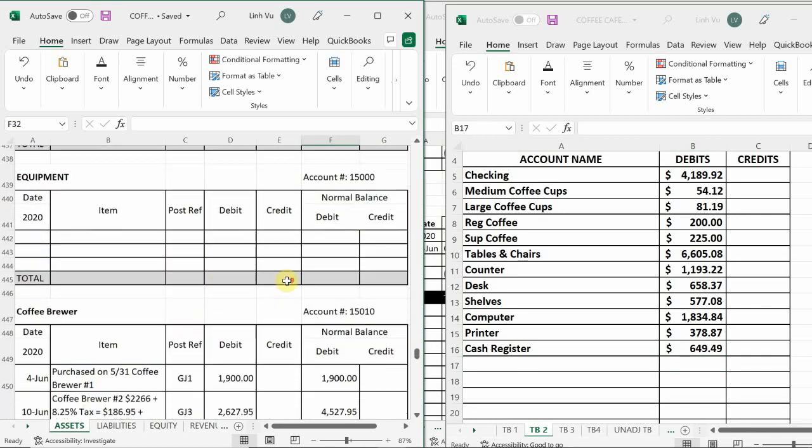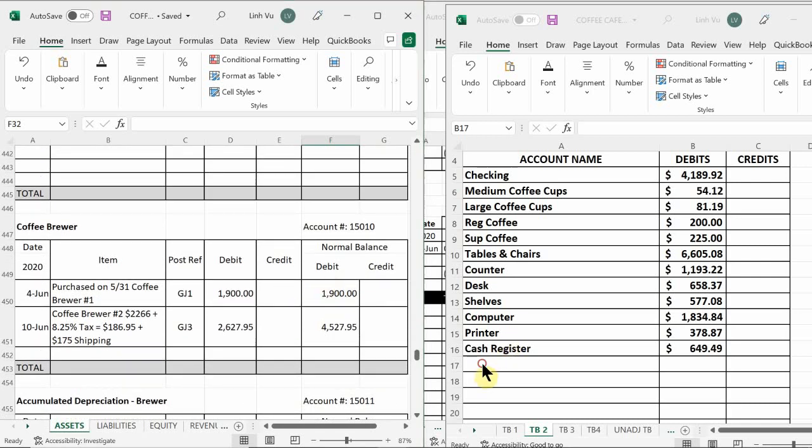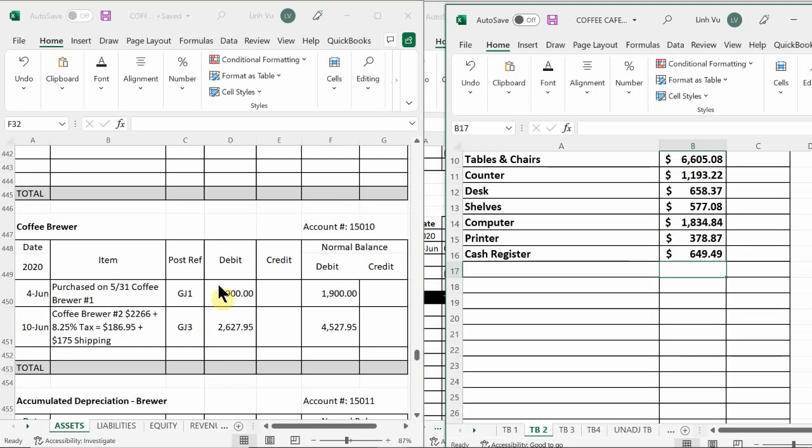Did we buy any equipment? Yes, we did. We now have coffee brewers and a coffee grinder. But in this case, let's recognize the first one, which is the coffee brewers. You could put brewer, you could put coffee grinder, whatever you want. Brewer. Okay. Now, in this case, I acquired 2 coffee brewers.